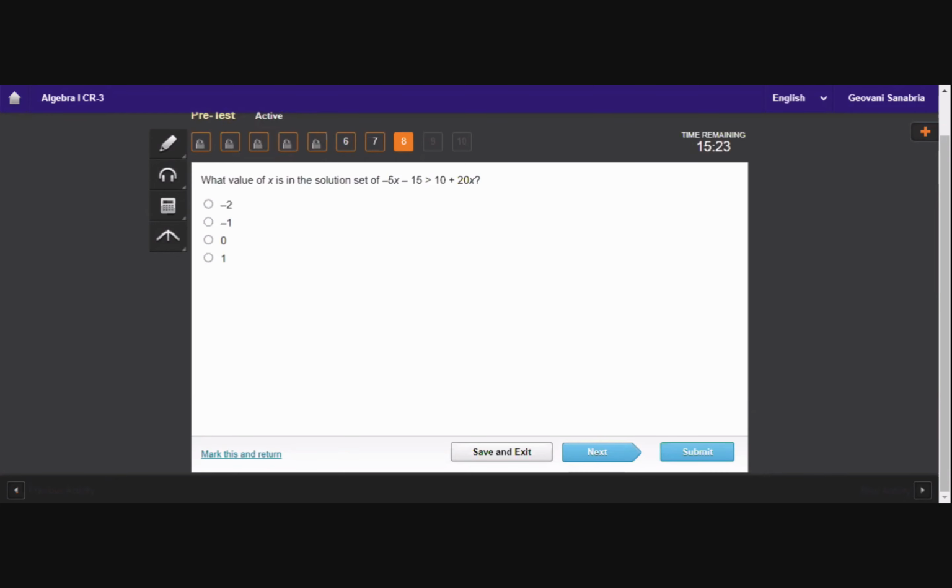Divide by the 25. Negative 1 greater than x. Yep.